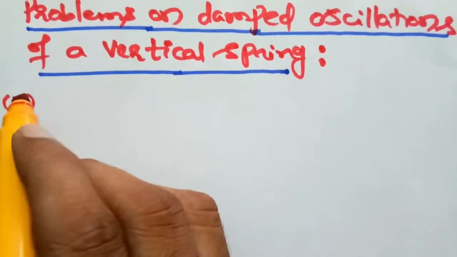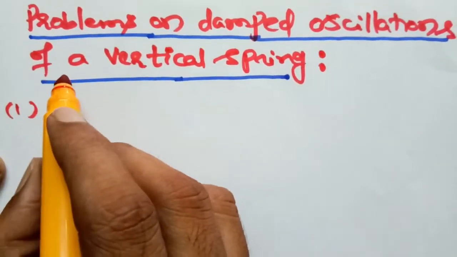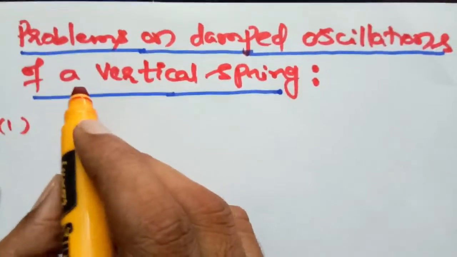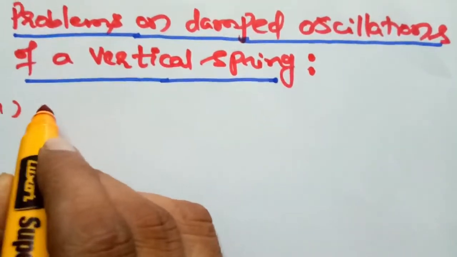Problem 1. A spring fixed at the upper end supports a weight of 980 grams at its lower end.